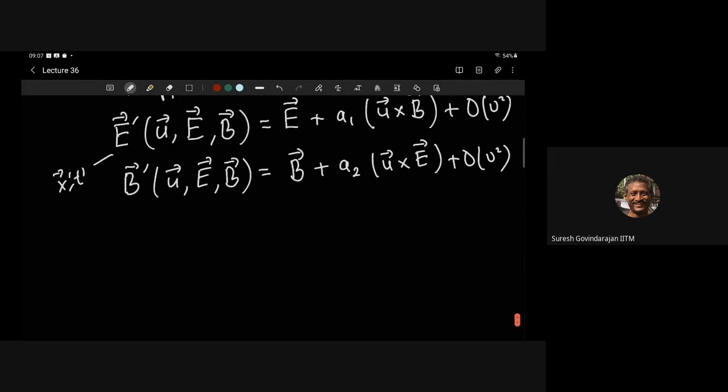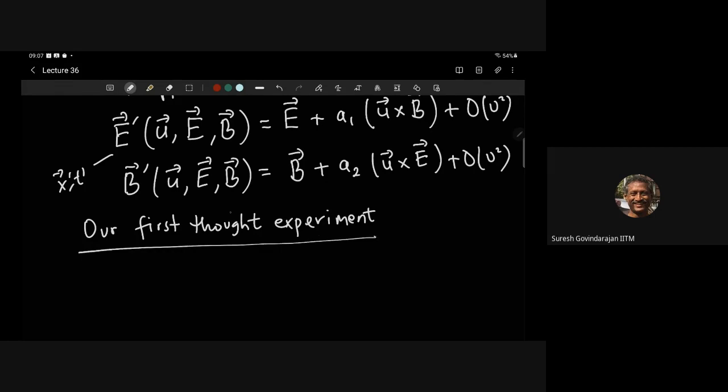Let us go back to our first thought experiment. Sometimes people use the German word for this; it's called, I think, Gedanken experiment. That's the German for thought.